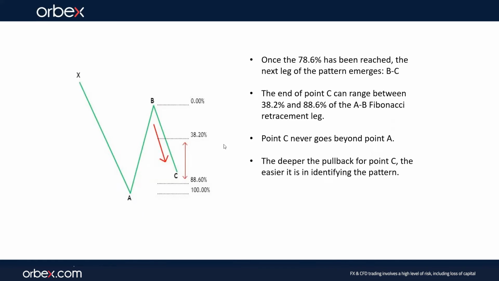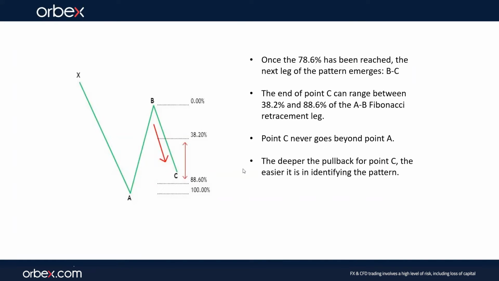So this particular one has the same retracement back down from leg A to B, but because B went up to 78.6 this time, the Fibonacci retracement from A to B now will be a little bit different. So when we get down to making point C, it might go for a deeper retracement rather than the Gartley pattern.